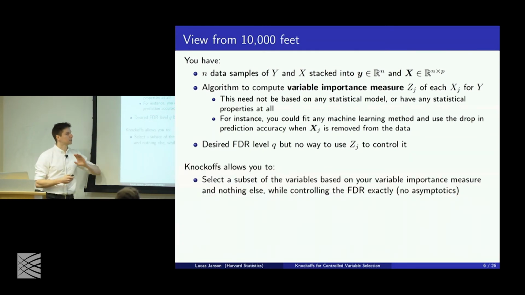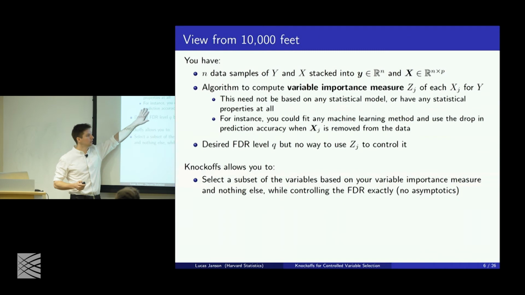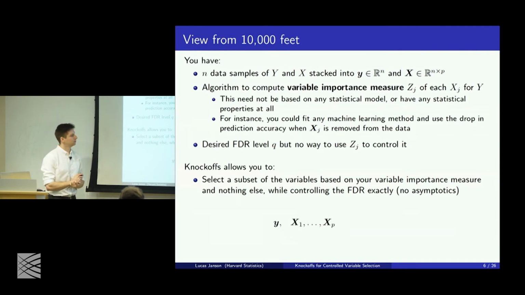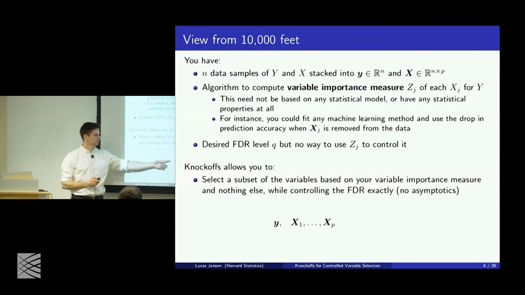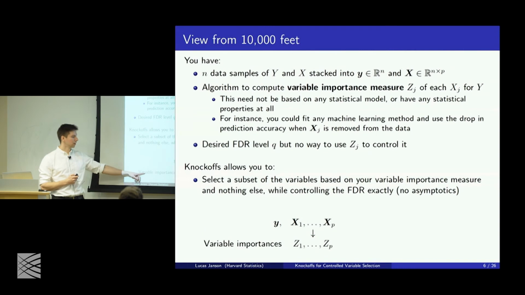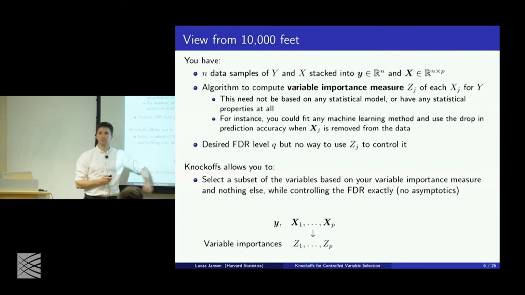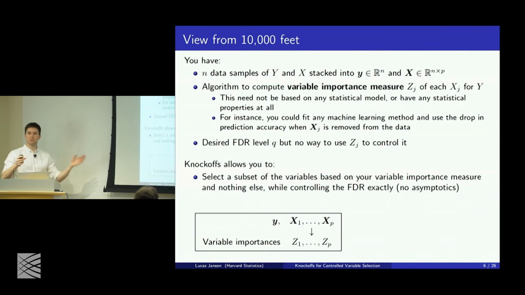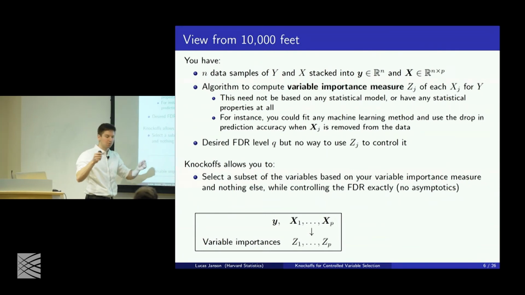All right, what knockoffs is going to allow you to do is use your variable importance measure. Again, you get to pick that however you want. And I'm going to give you a subset of variables that controls the false discovery rate. So here's the picture of what I'm talking about. You have data. You are going to choose some variable importance measures, one for each variable. I am going to take that, put it in a box. It's almost the holidays. I'm going to wrap it up nice with a bow on it.